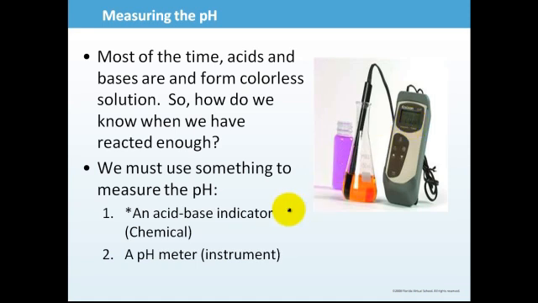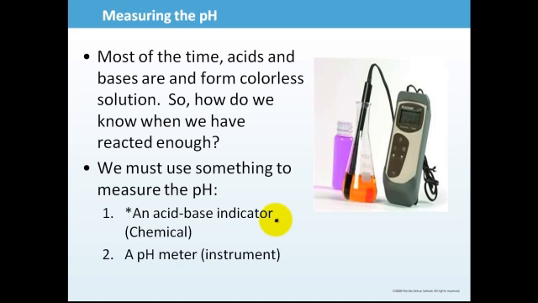Another thing we can do is we use an acid-base indicator. All right, an acid-base indicator is simply a chemical that changes colors depending on whether it's in an acid or a base. Some of them switch between yellow and blue, some go between red and yellow. There's all kinds of different combinations. The most common one that we use is phenolphthalein, which is clear in an acid and then turns to a pink magenta kind of color when it's in a base.